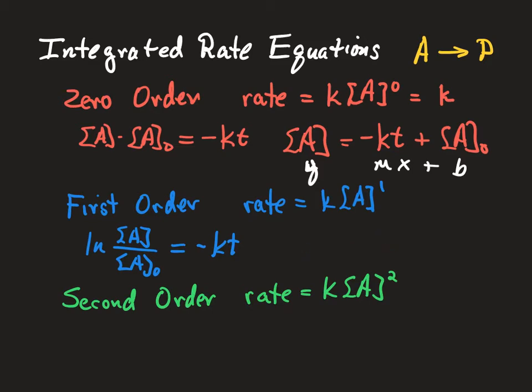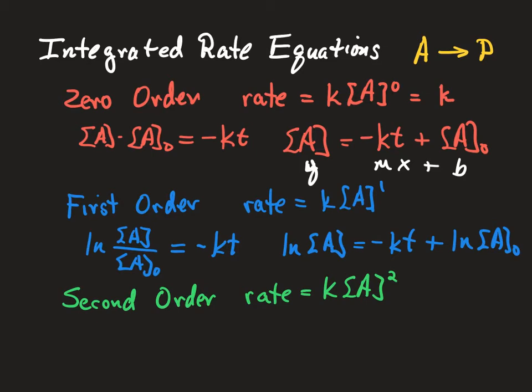So we end up with our linear form is that the natural log of the concentration of A at any time is going to be equal to minus kt plus the natural log of A0, which is again in a y equals mx plus b form, where the natural log of A is your y variable, time is your x variable, the negative of k is your slope, but the units of that slope would be different because they're the units of a first order rate constant, and then the y-intercept is the natural log of the initial concentration.